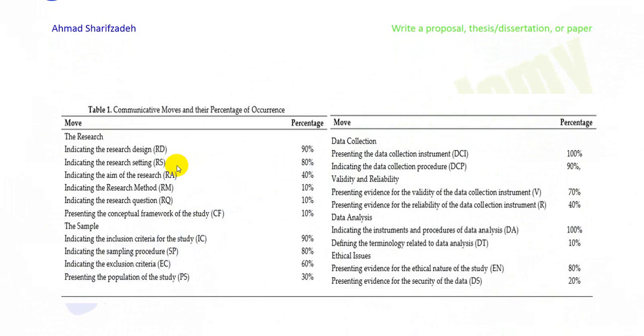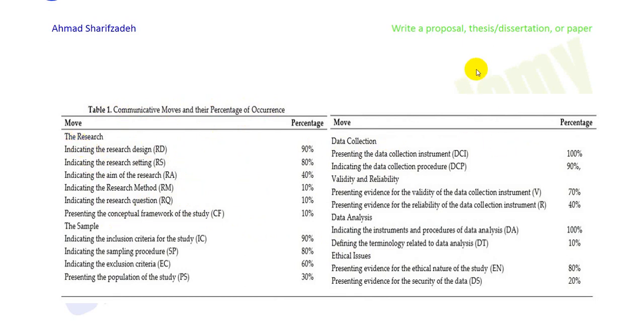But we have another moves and steps. This is another moves and steps and the percentages, which will show you which one can be excluded. For example, one other scientist actually studied some research articles, some theses, dissertations from different disciplines, from different journals, from different universities, and saw this.